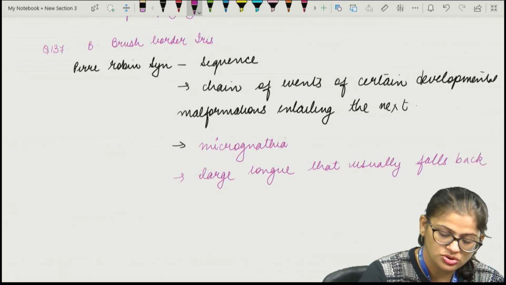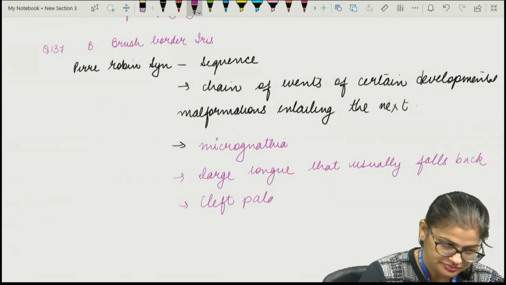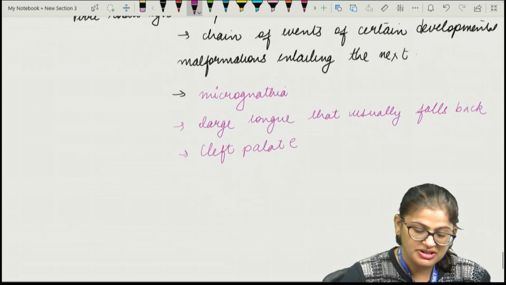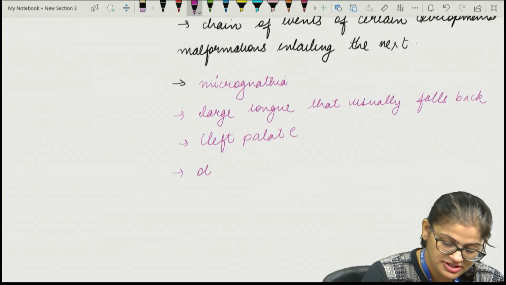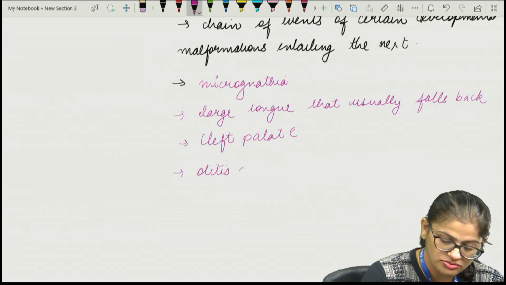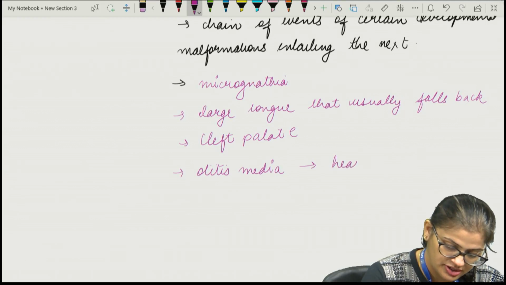And these patients also have cleft palate. Amongst the other anomalies, in the ear, otitis media is one of the most common problems that is seen, which can often result in hearing loss.